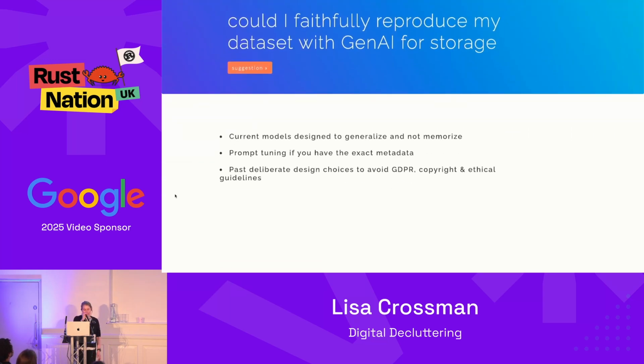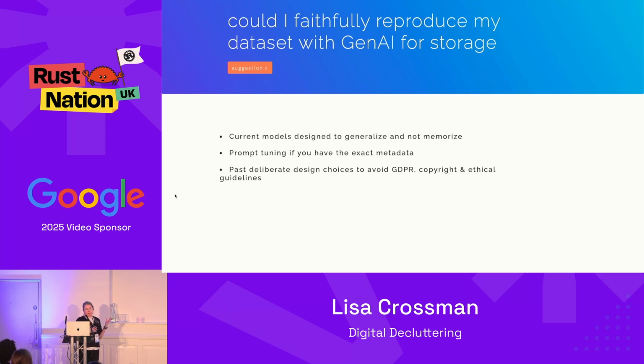So I was wondering if it was possible to reproduce our data sets with Gen AI for storage. Could we make it smaller by having a model and cramming all our data in, and then instead of actually keeping our data, just producing it on demand out of this model?